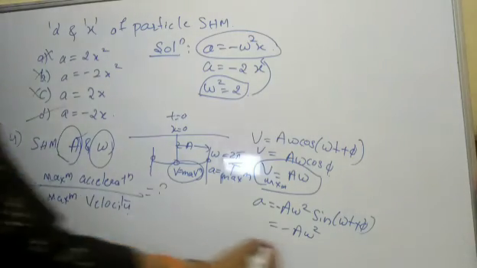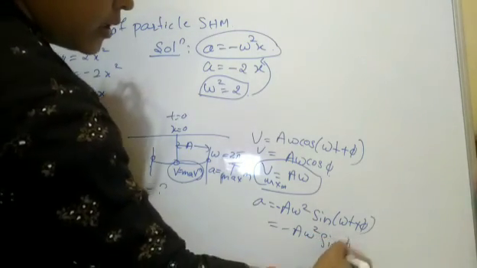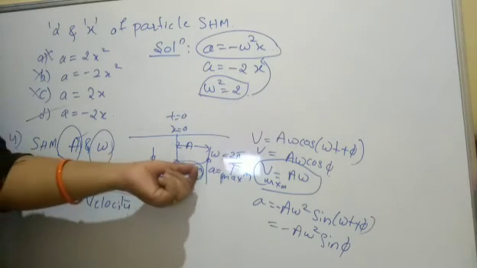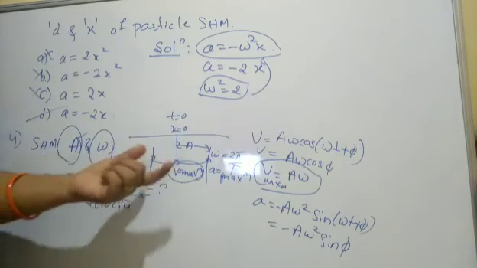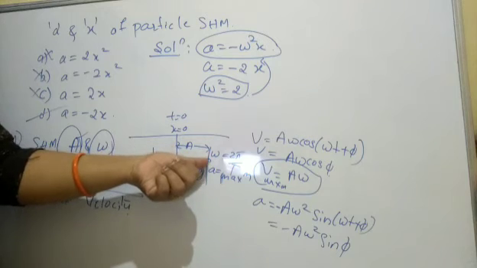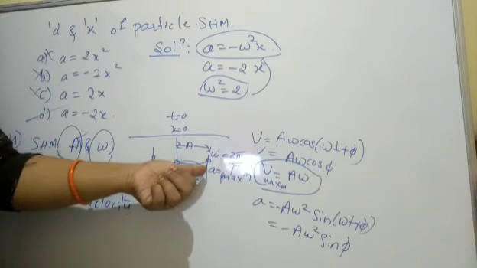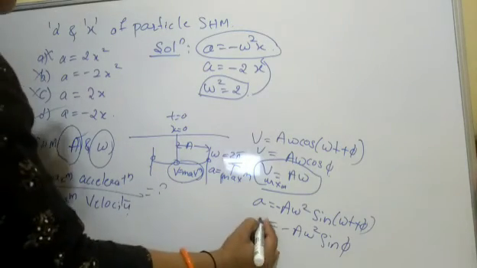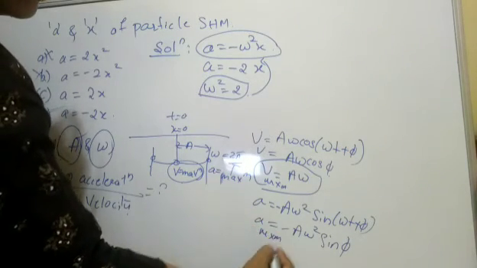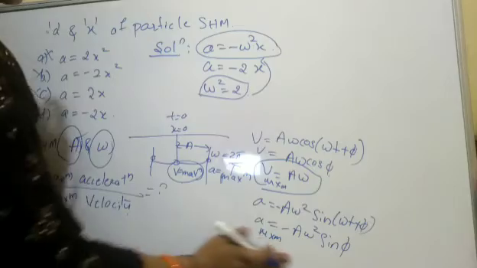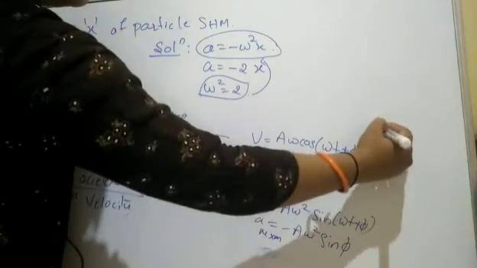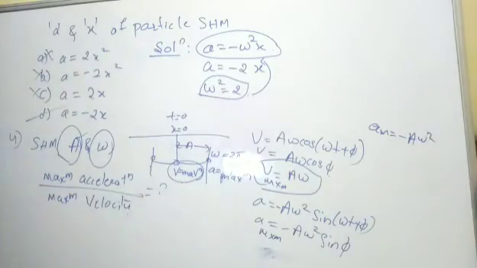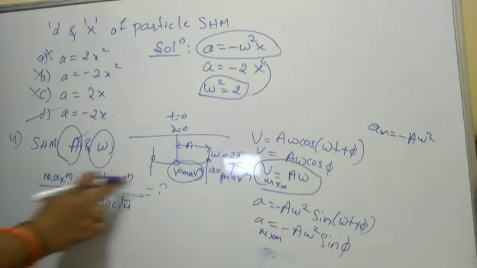Sine phi is maximum at sine 90 degrees. So at 90 degrees, the sine part will be equal to 1 here. That means acceleration will be maximum at minus a omega square. So this is the maximum acceleration.